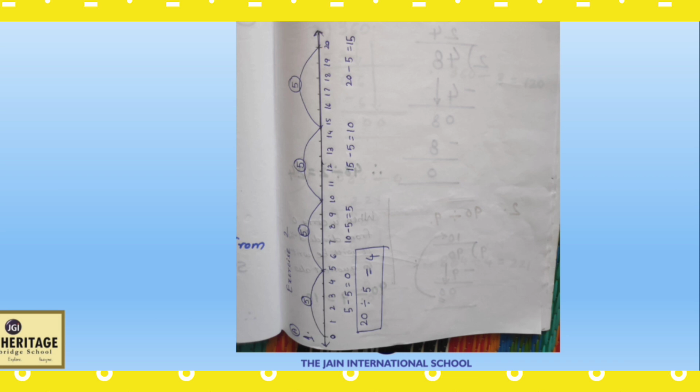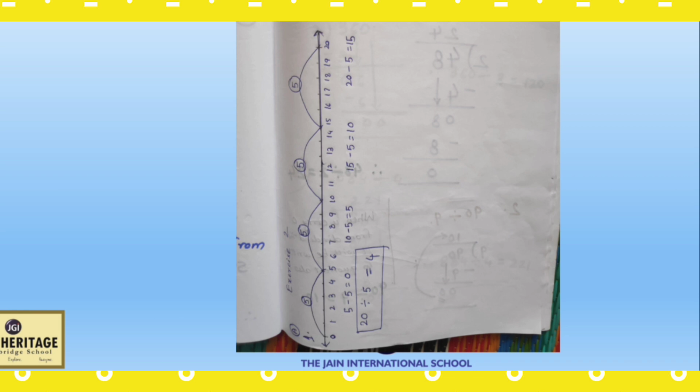Okay. And now if you start jumping from 0, you will count 0 to 1, 2, 3, 4, 5 numbers. Then from 5 again count 5 numbers, you will get 10, from 10 to 15 and 15 to 20.